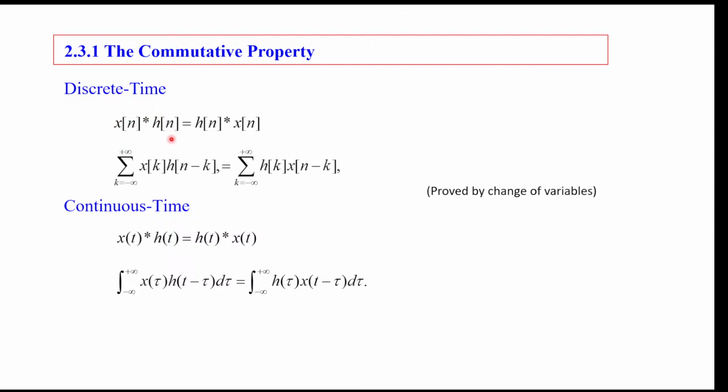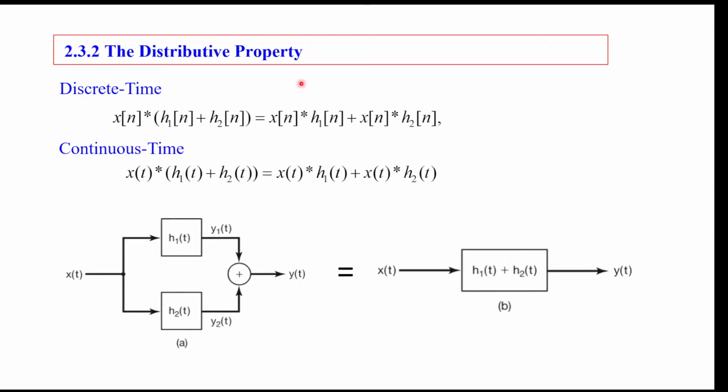You can think about a convolution as telling you how you get the output from the input signal convolved with the system's impulse response. Okay, anyway, this is true. The second property is the distributive property, and it's like the distributive property of multiplication.